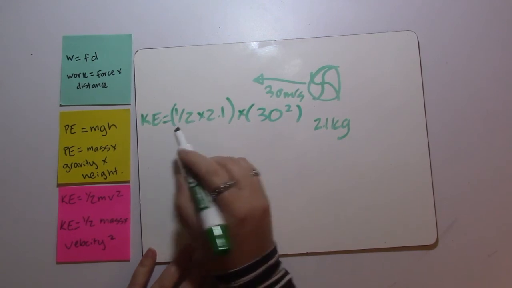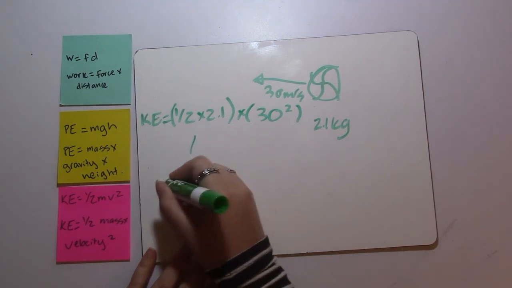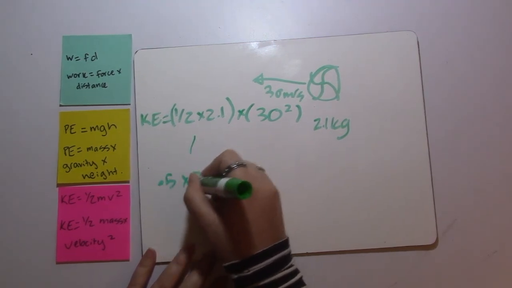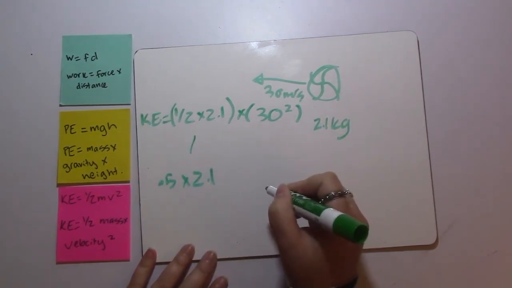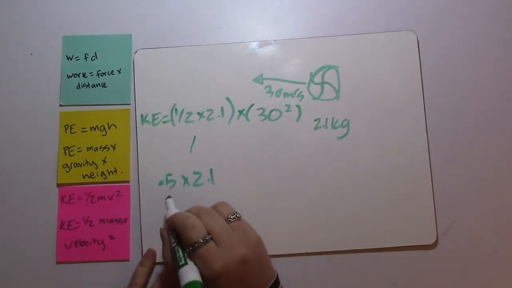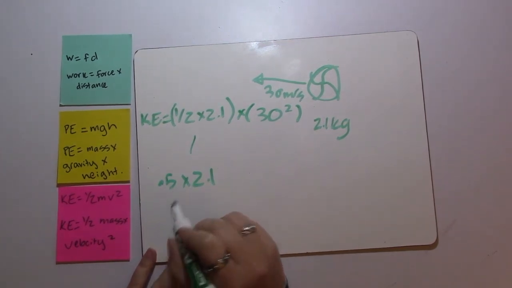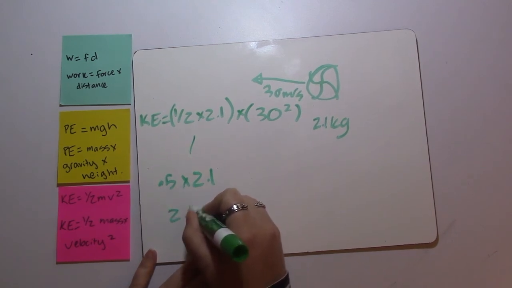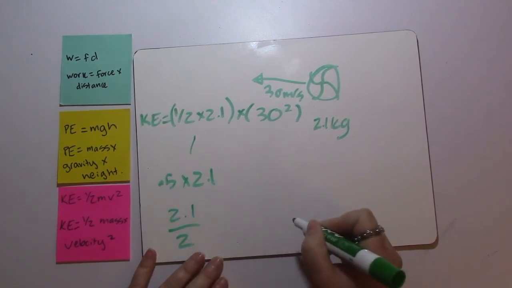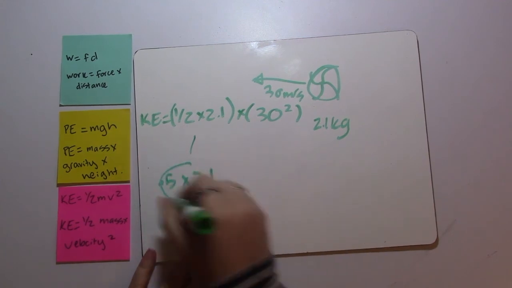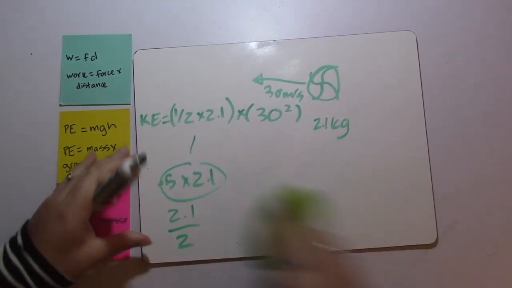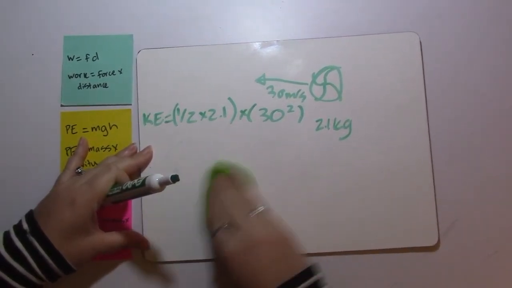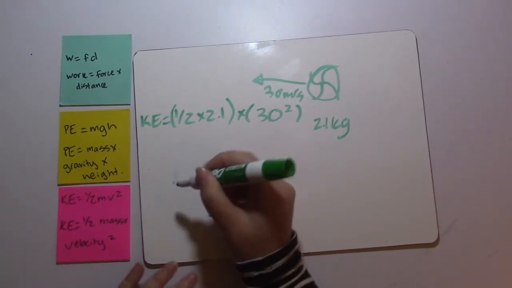So you could do this one of two ways. You could do 0.5 times 2.1, because that's how you would type 1/2 into a calculator. We turn it into a decimal. Or you could divide 2.1 by 2 before you solve the rest of the problem. I'm going to choose to do it this way because that's easiest for me and that's what I prefer to do. But you can do it either way.